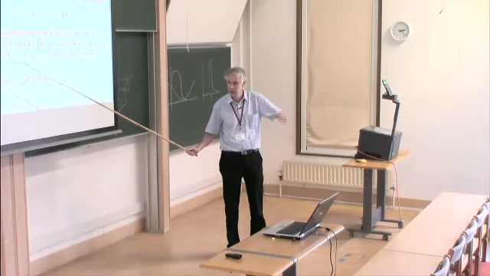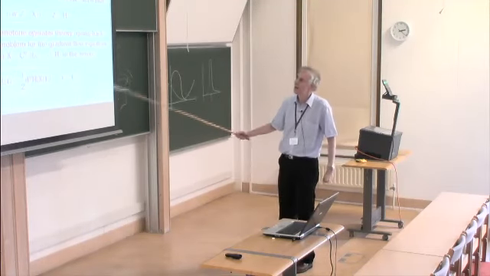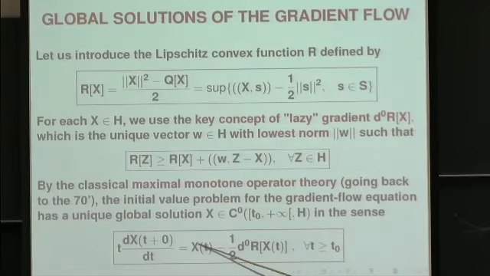You can have jumps, but the right derivative is always balanced by the lazy gradient. So this is substituting for the gradient of Q, and then you input the lazy gradient of R, and this gives you the solution of this first order equation.